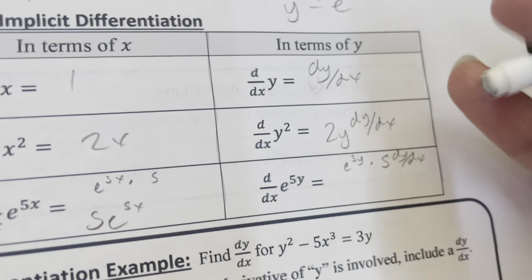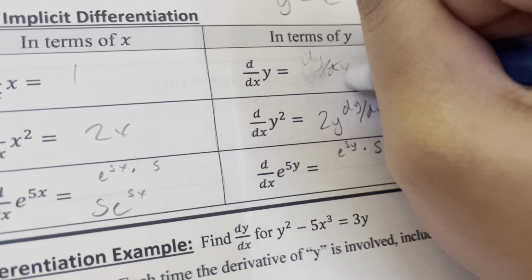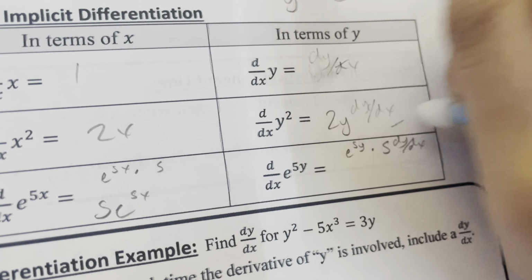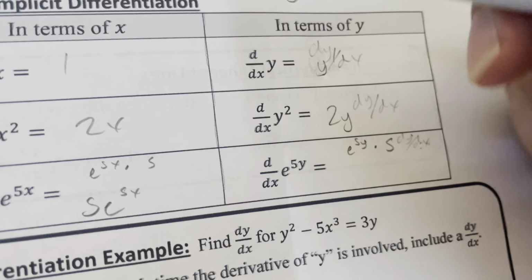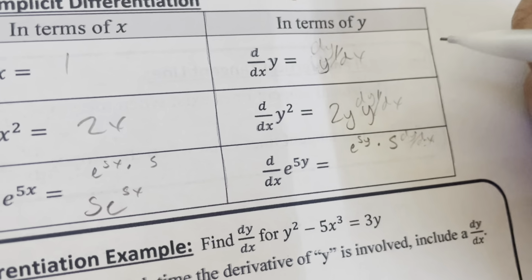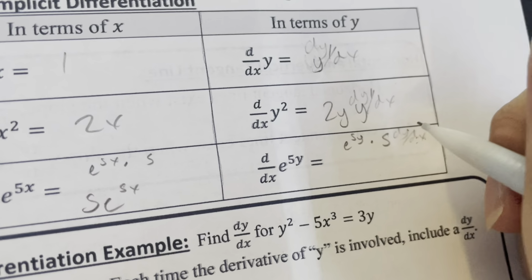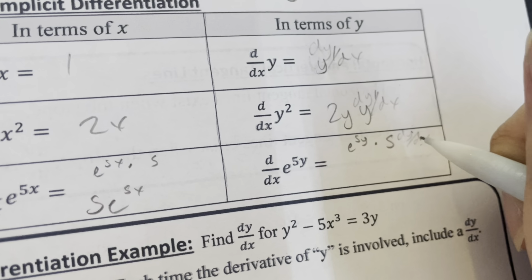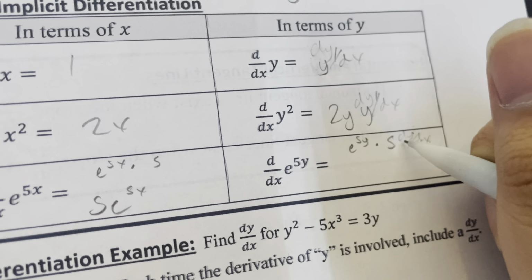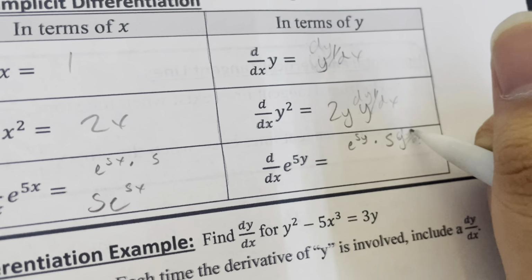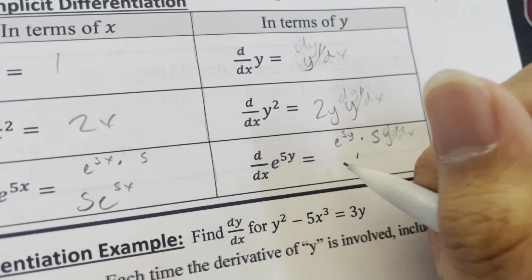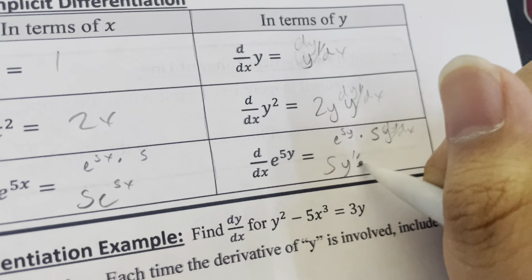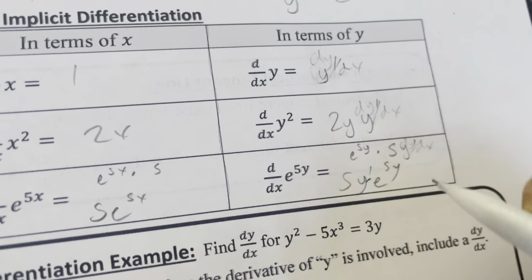Let's write it as y prime: y prime, 2y y prime, and 5y prime. So this equals 5y prime multiplied by e to the power of 5y.